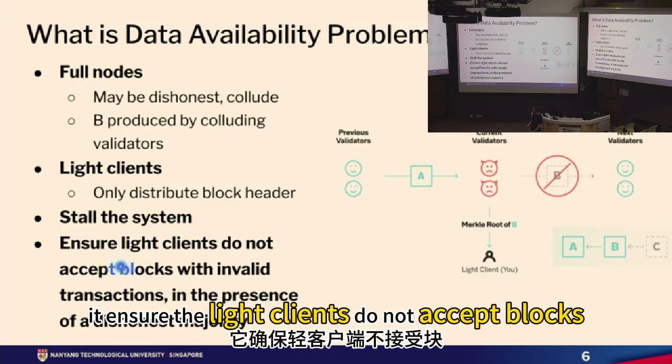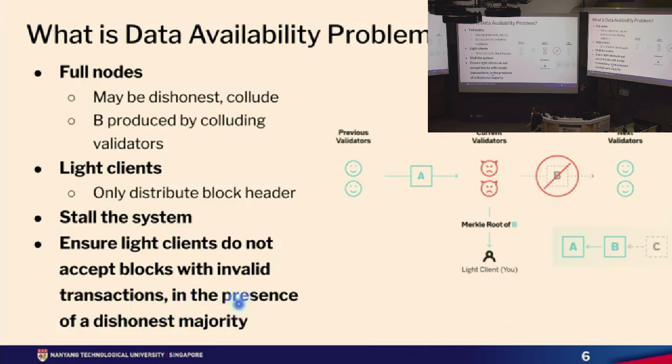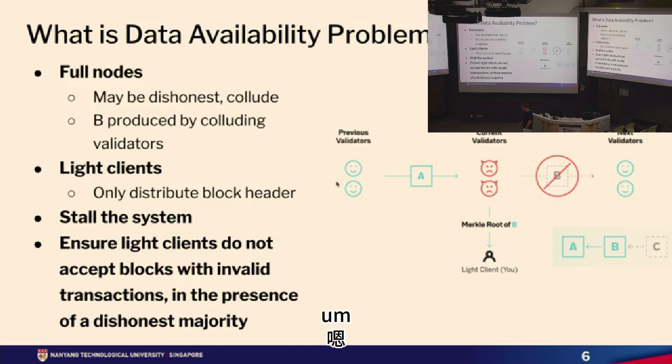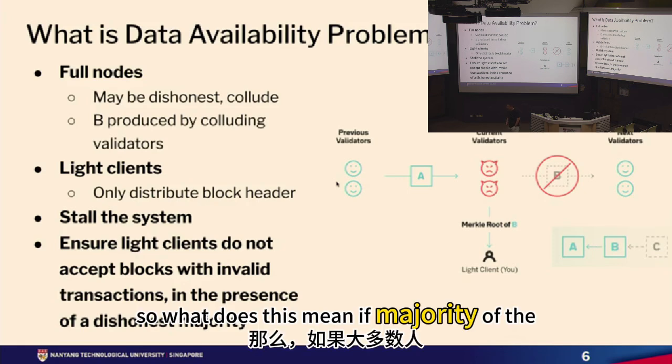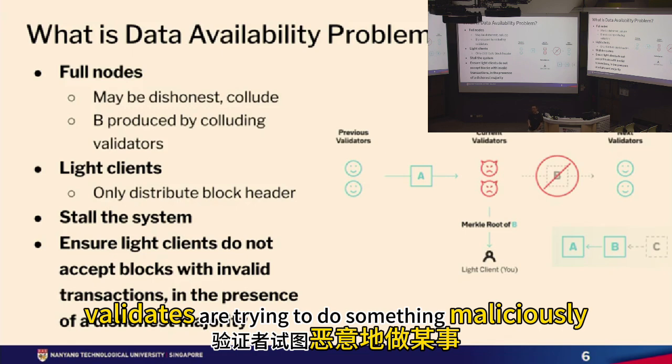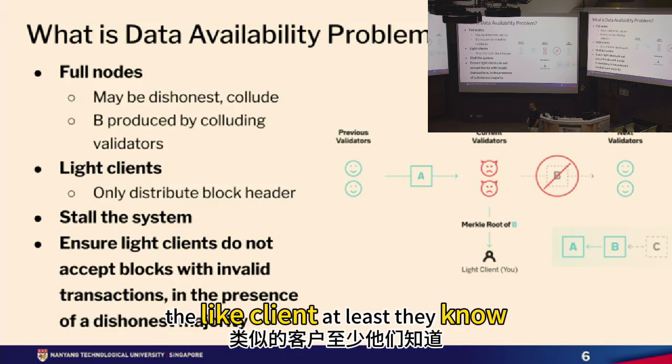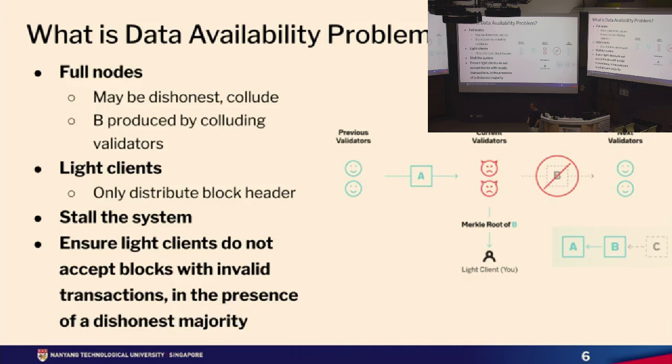So it ensures the light clients do not accept blocks with invalid transactions in the presence of a dishonest majority. So what does that mean? If the majority of the validators are trying to do something maliciously, the light client at least knows there's a malicious attack.